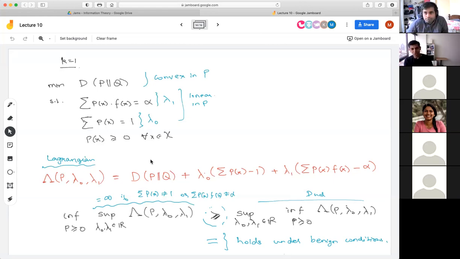And this is called strong duality. Just the inequality itself is referred to as weak duality. And here it will hold under the condition that there exists some P inside my family such that P of X is greater than 0 for all X.